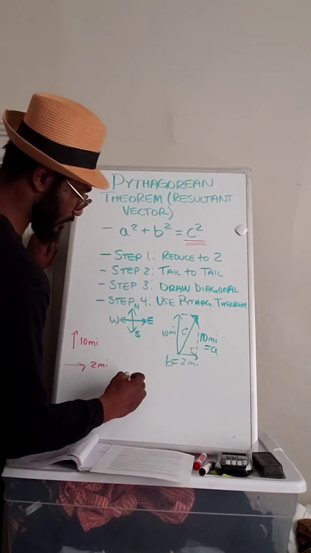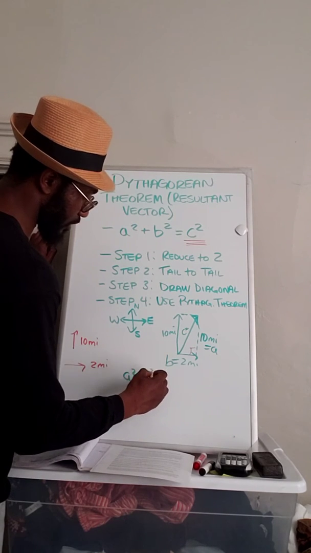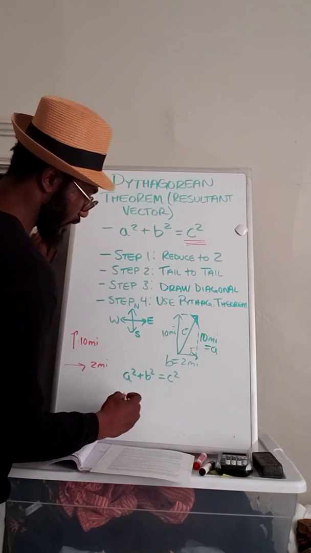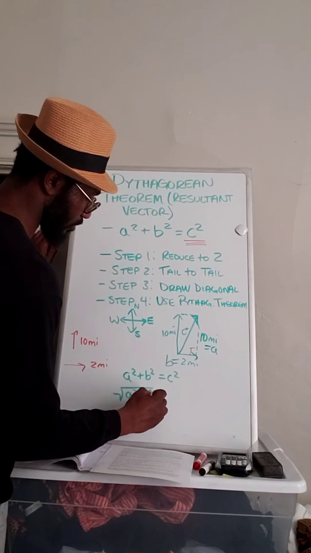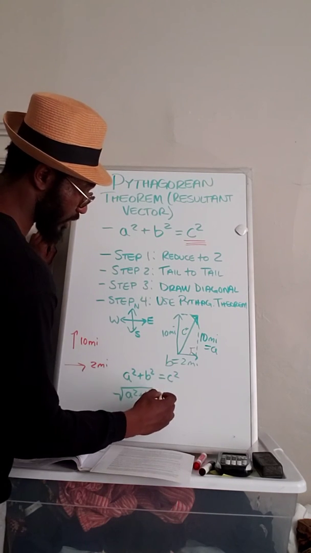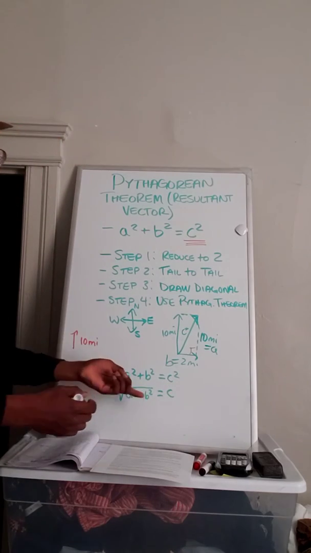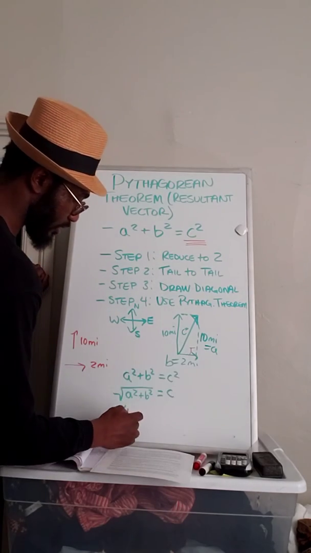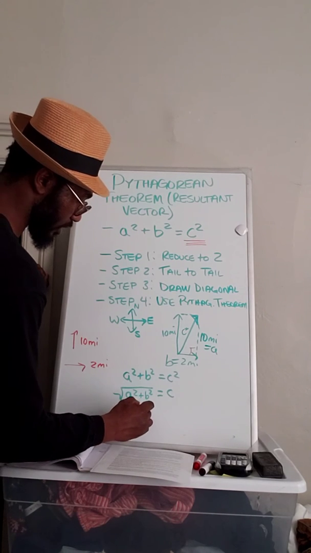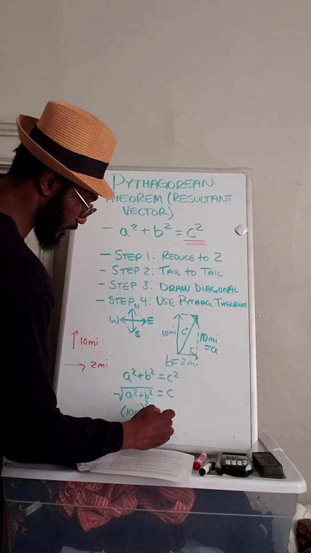But I got to plug it into my equation. A squared plus B squared equals C squared. Got to take the square root of both sides. So square root of A squared plus B squared. If I take the square root of this, it just equals C. So I'm just going to write C. A, I said, was 10 miles. So 10 miles squared plus 2 miles squared.